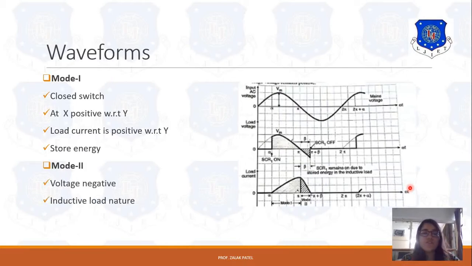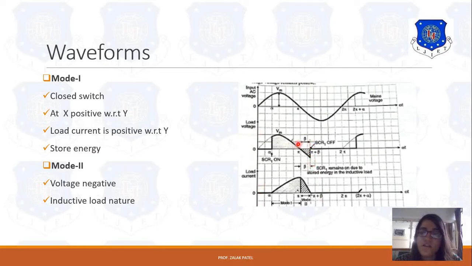And because of that negative voltage, you can see that the voltage will be decreasing because X is at comparatively negative potential, but this voltage will induce the current, and according to Lenz's law, the induced EMF opposes the reason behind the current. That's why over here the opposite polarity will be seen between load voltage and load current.